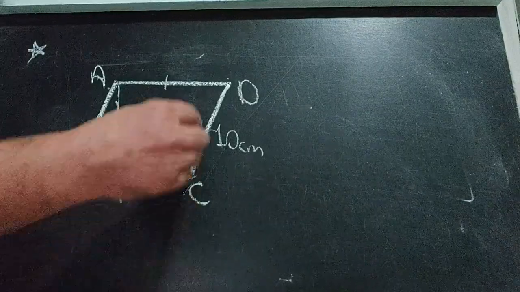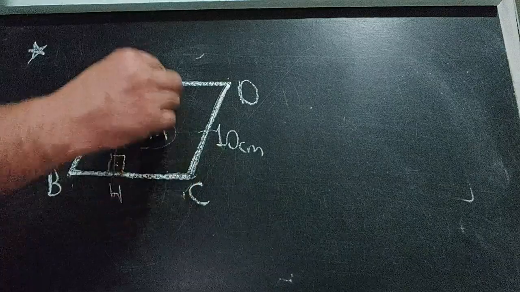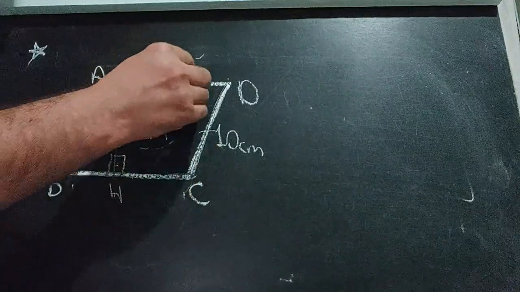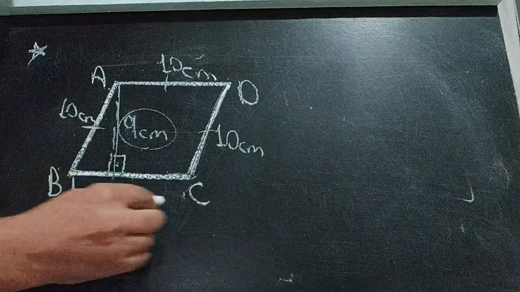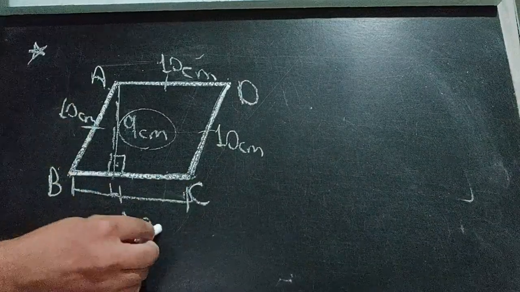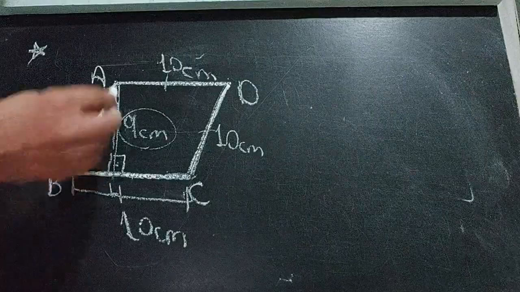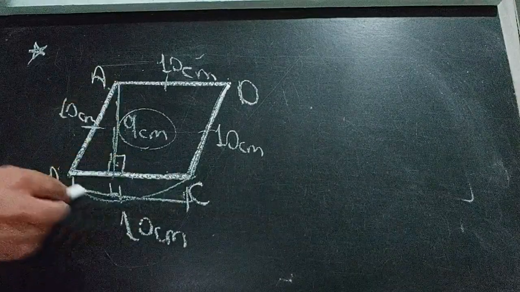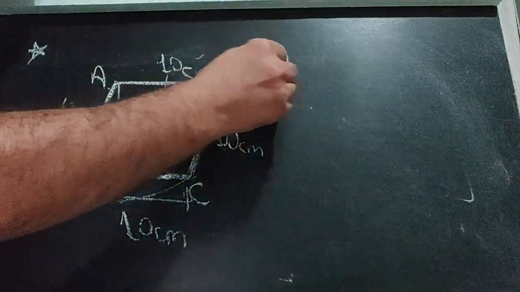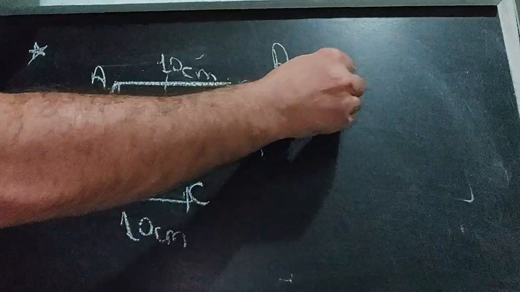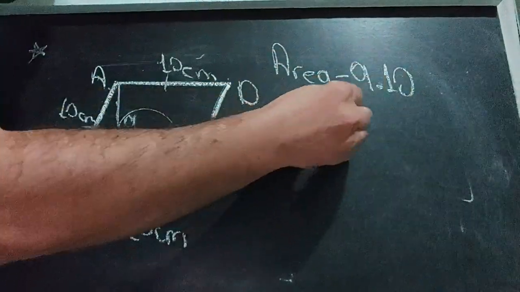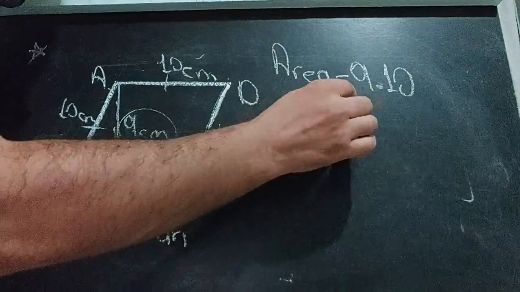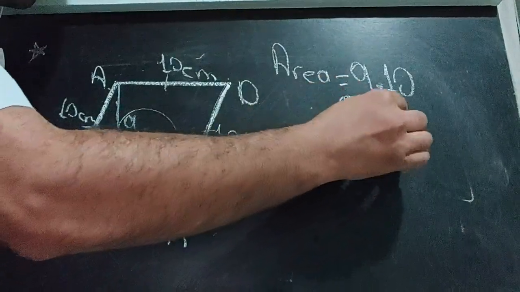So now, according to rhombus, if this one is 10, this will be 10 centimeter, and this will be 10 centimeter, and this one will be 10 centimeters too. So the area was height times base. That will be area equals 9 times 10, which is going to be 90 centimeter square.